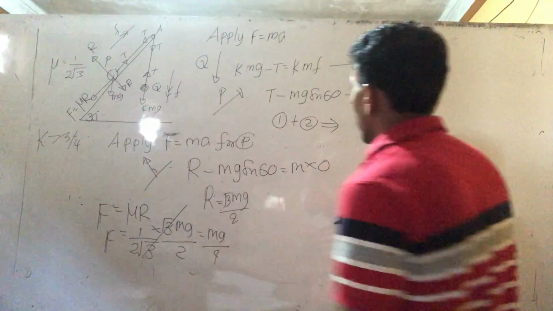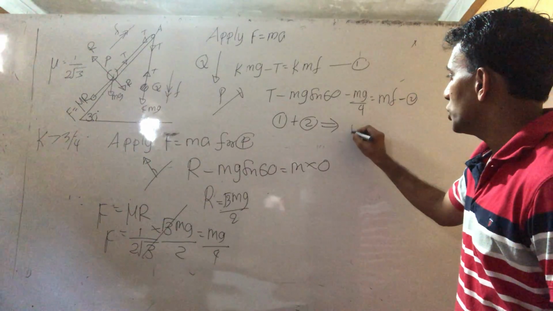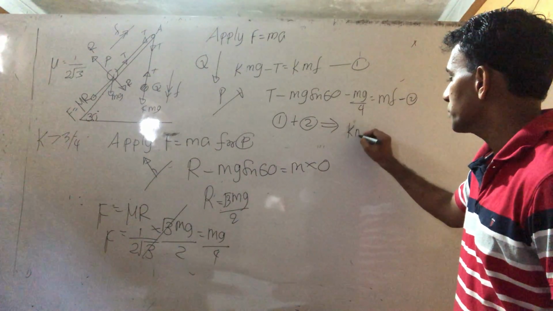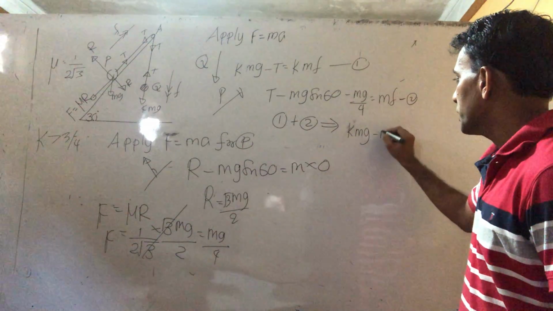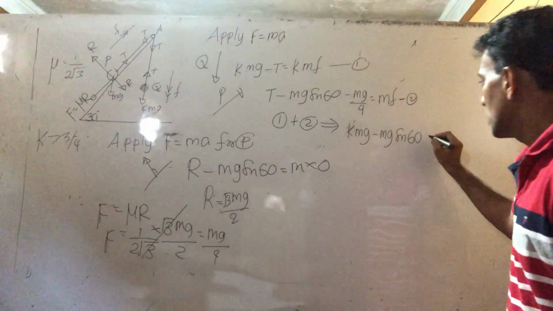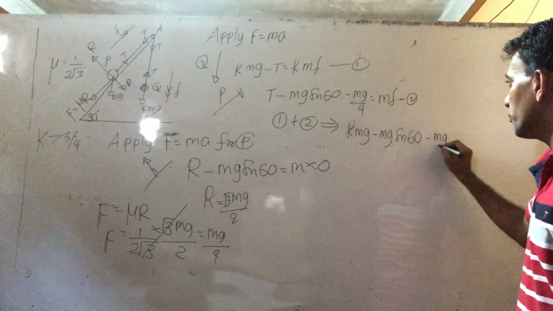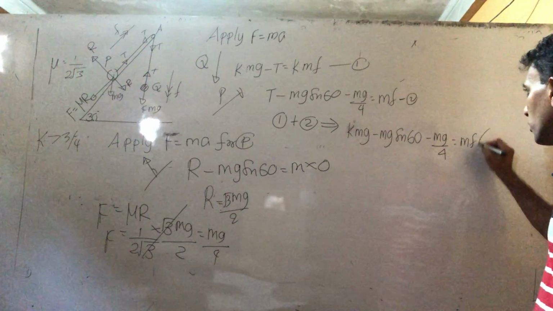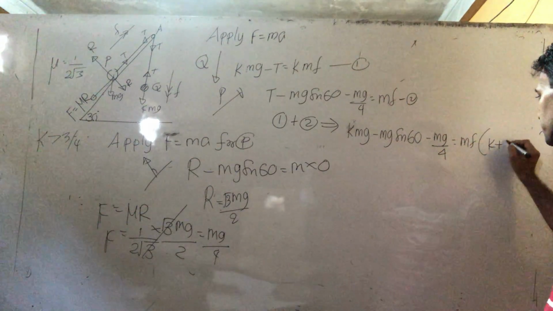Can I take the mg out? At that kmg minus mg sin 60 minus mg by 4 equals, taking mf out, therefore once again k plus 1.